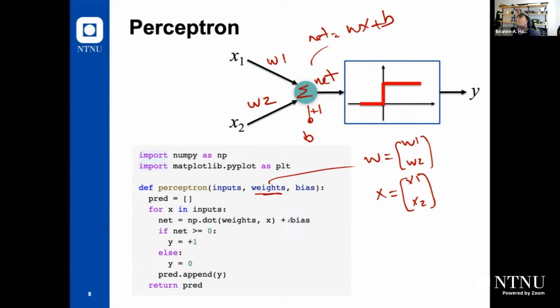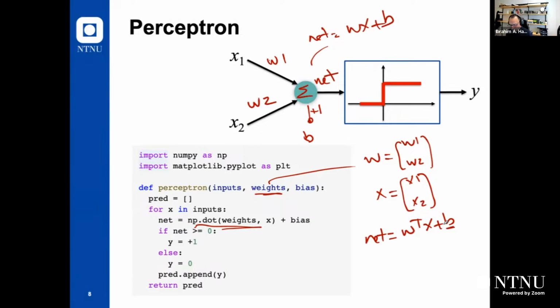So net equals omega transpose x plus b. You can use the dot product to implement it. And just remember to add the bias, because without bias we assume the bias equals 0. If you don't use bias, your decision line will for sure go through the origin, and when you go through the origin, you limit yourself. Maybe you will not be able to achieve good accuracy.